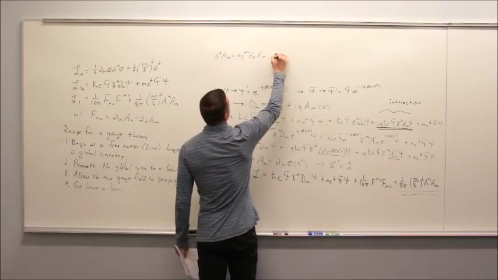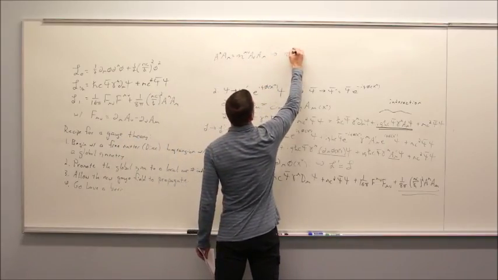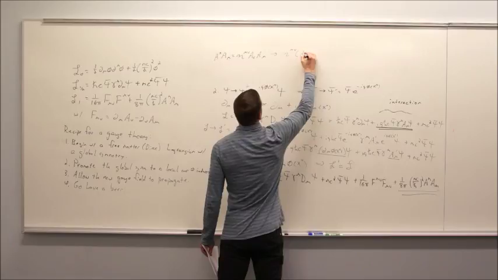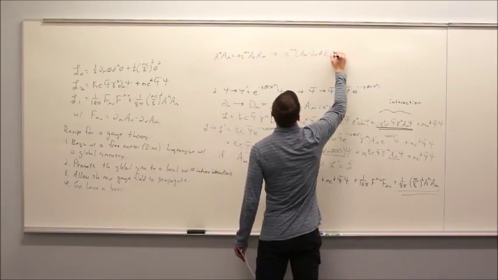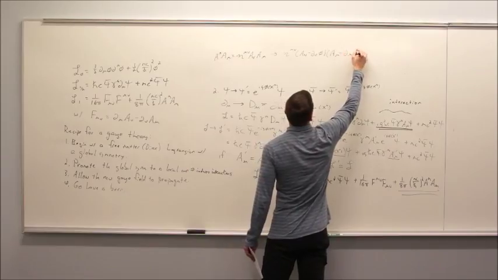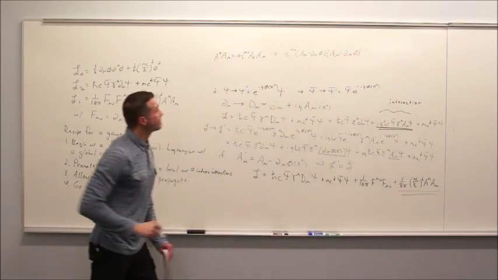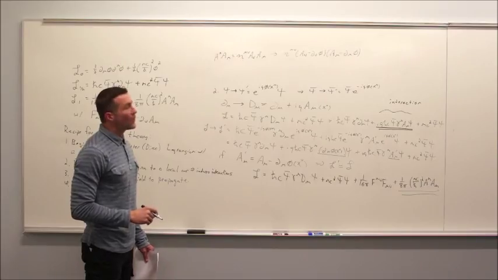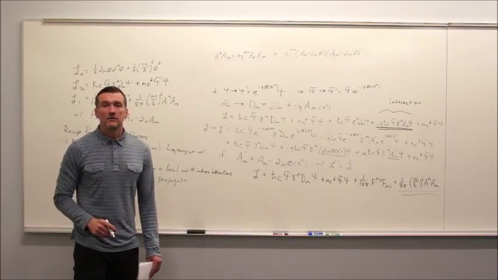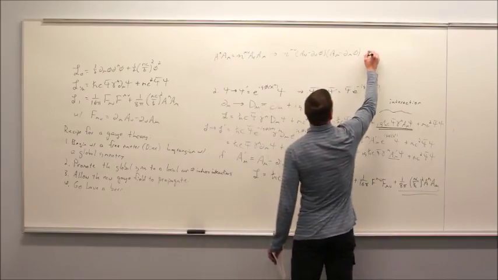And so now if I transform, this is going to become eta mu nu, A nu minus d nu phi, A mu minus d mu phi. And there is no way that that is going to return what I started with.